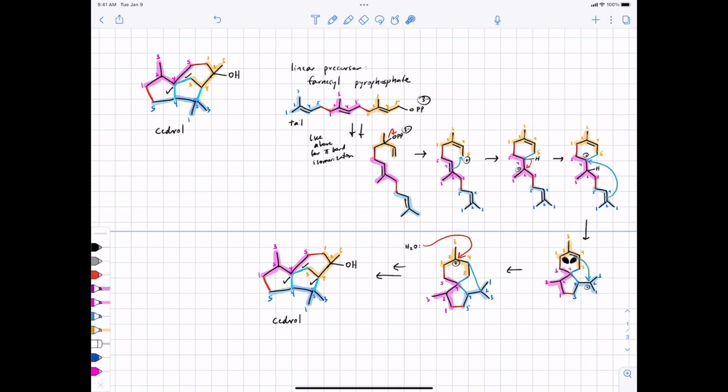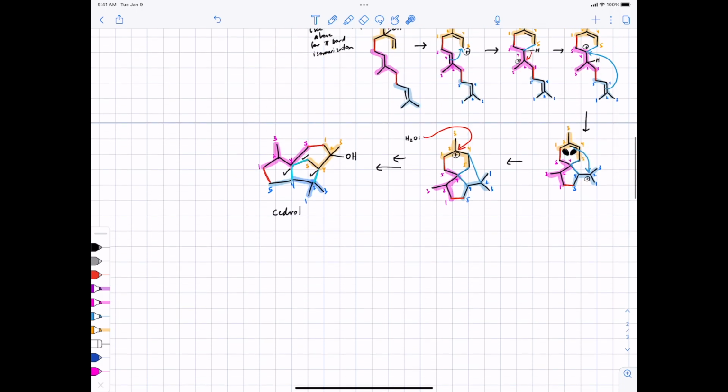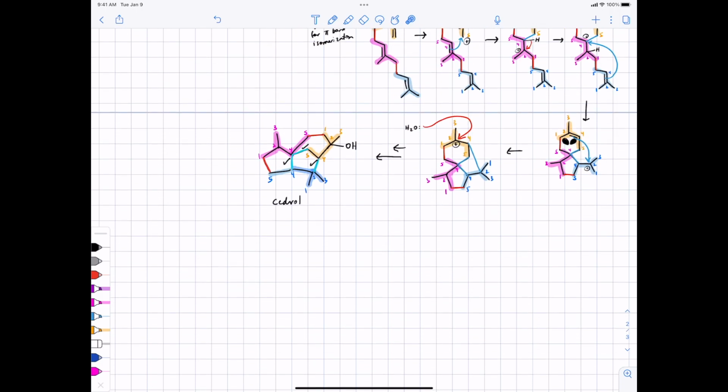Okay? All right. That's sort of it for terpenes, though I do want to walk you through the beautiful cyclization process that gives us cholesterol, or rather a steroid precursor. But let's take a break before we do that, and then we'll talk about nucleic acids too.